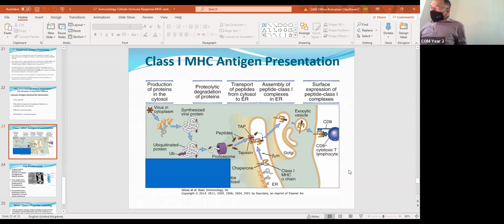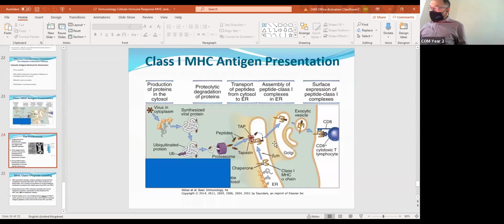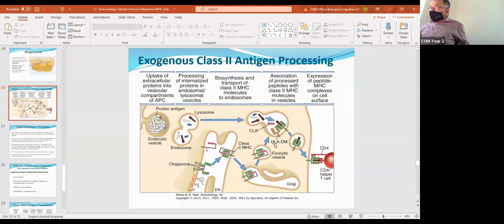So the invariant chain is basically a pre-packaging molecule, because remember that the class 2 is composed of 2 subunits, alpha and beta. And you don't get these 2 subunits grouping together without something occupying the peptide groove.